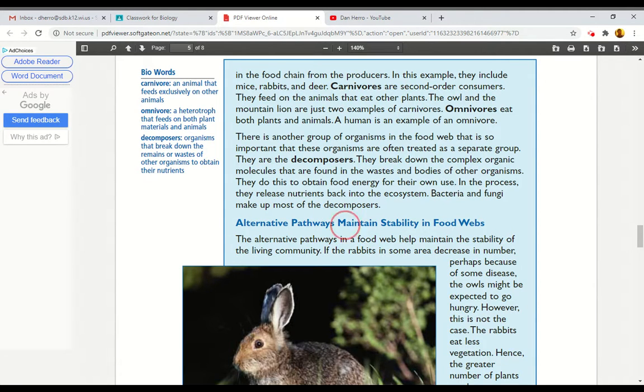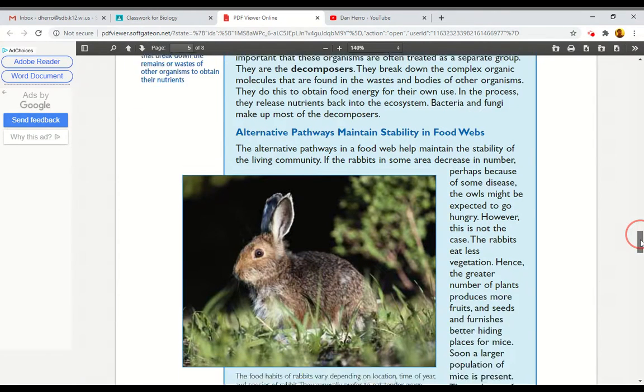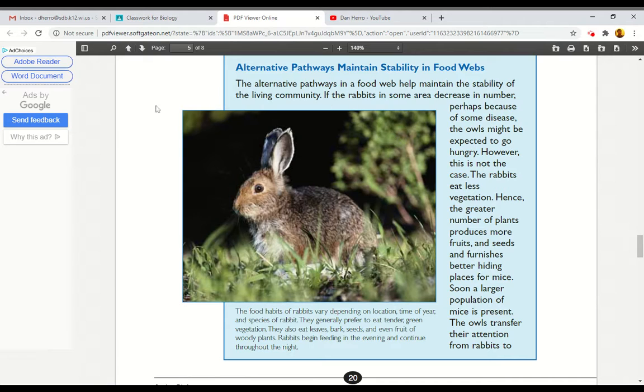Alternative pathways maintain stability in food webs. The alternative pathways in a food web help maintain the stability of the living community. Let me scroll down. If the rabbits in some area decrease in number, perhaps because of some disease, the owls might be expected to go hungry.